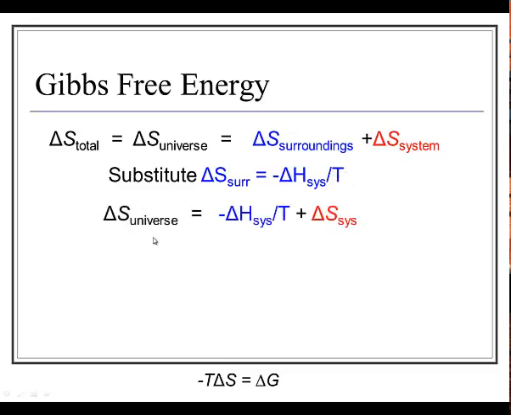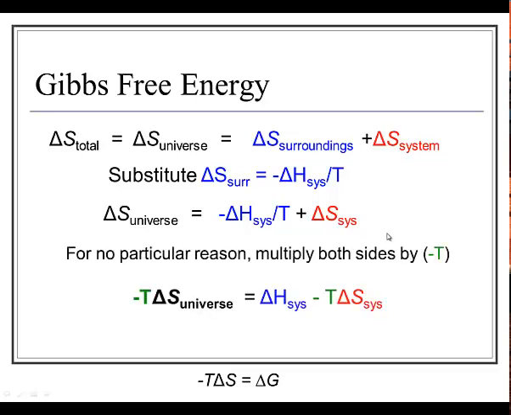Thus, we get delta S for the universe is now equal to minus delta H for the system divided by the absolute temperature plus the delta S for the system, the change in entropy for the system. For no apparent reason, let's multiply both sides by minus T.